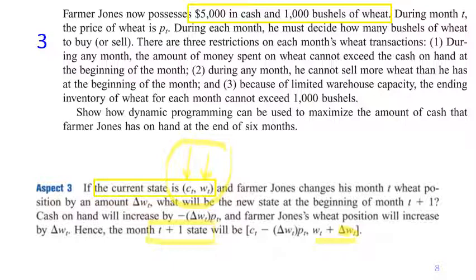Okay, and then for the cash, it will be CT, the cash that we have at the beginning of the month, minus W times P. So if W is positive, it means we buy the wheat, the cash position will go down. If W is selling the wheat, this is negative, it means we are going to increase our cash position at the month T plus 1.